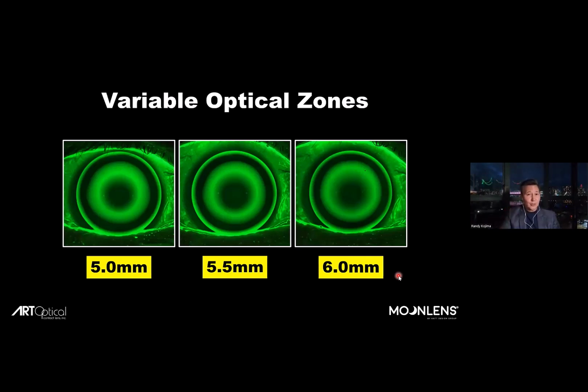This is critical to creating the best possible myopia control, or for adults, the best possible quality of vision. So you're reducing aberrations. So this is one to learn a bit more about with the MOONLENS, and Bethany and the consultants can explain a little bit more about how important these zones are.